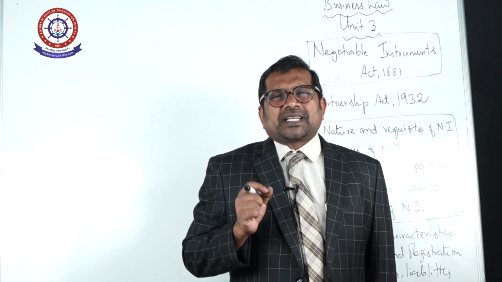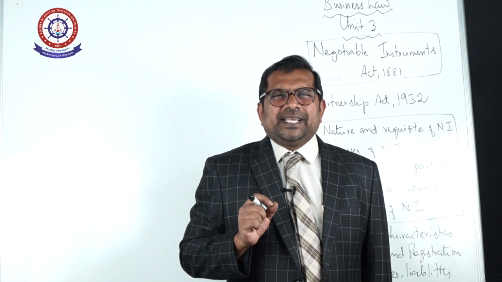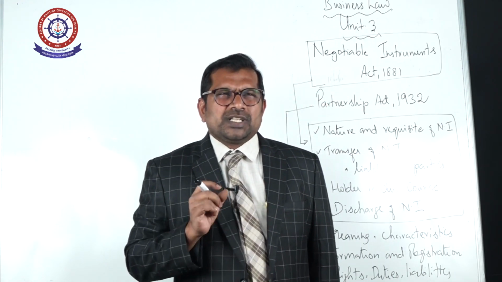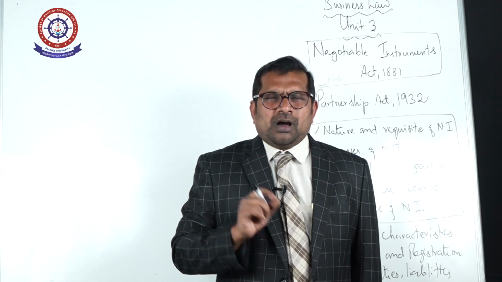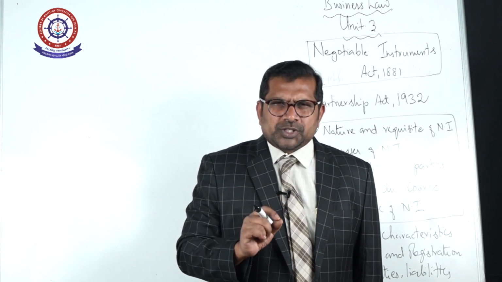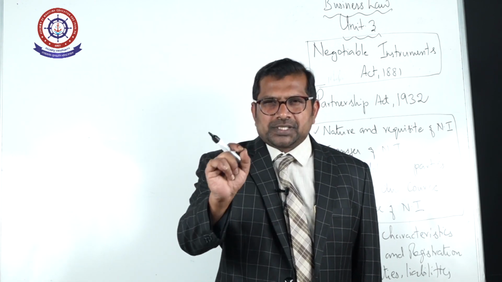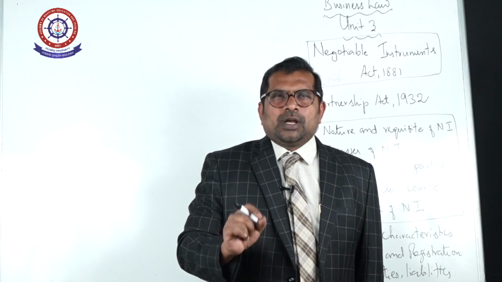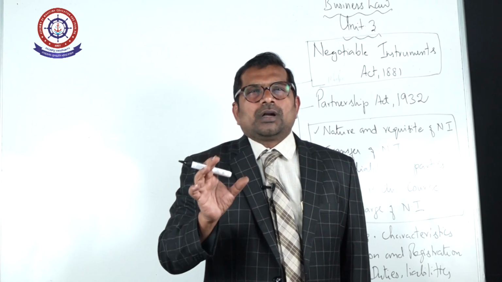So what are the various classifications of negotiable instruments? The first one is the order instrument. What is the meaning of order instrument? An order instrument means a negotiable instrument paid to a particular person only. If it is ordered to be paid to X only, then it is called an order instrument.